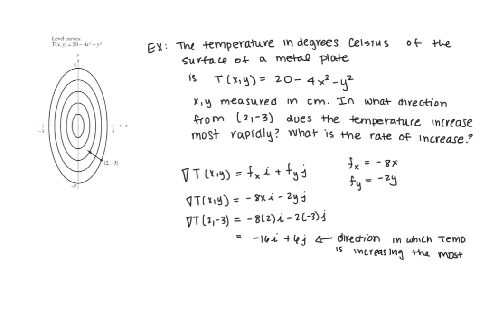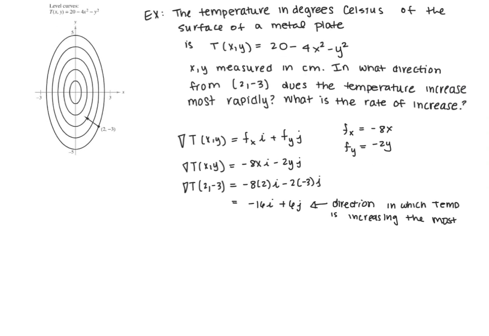Now I want to figure out the actual rate of this increase, so I'm going to find the magnitude of this gradient vector. We're going to find the magnitude at the point (2, -3). So that's the square root of negative 16 squared plus 6 squared.